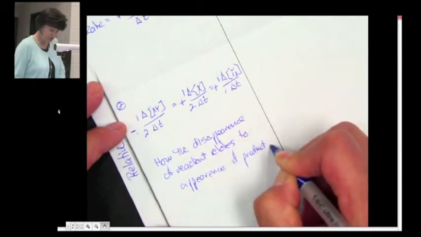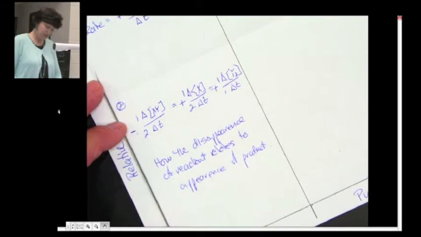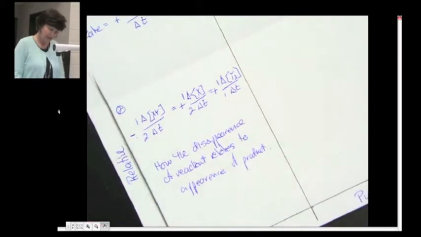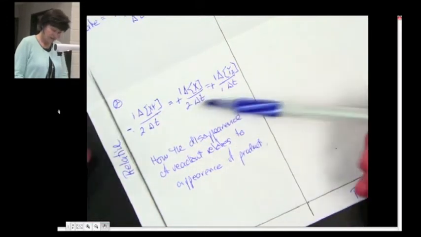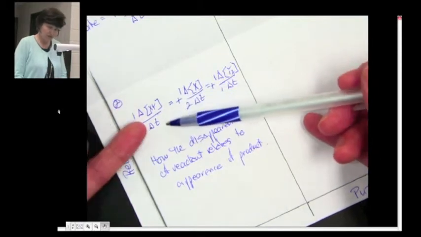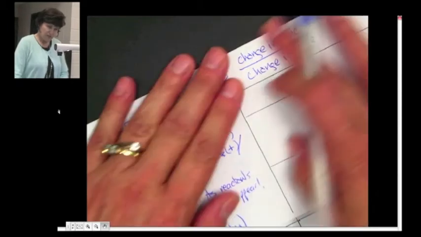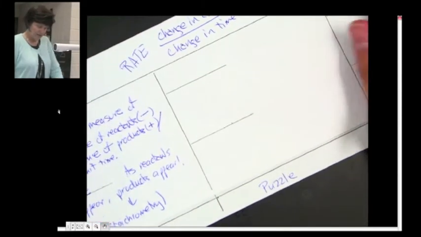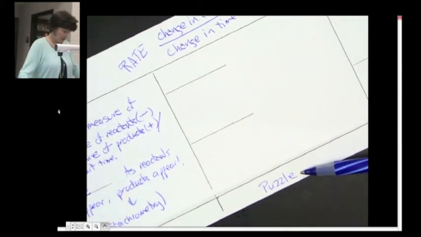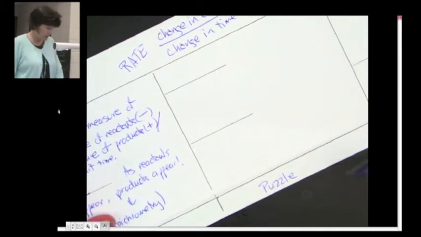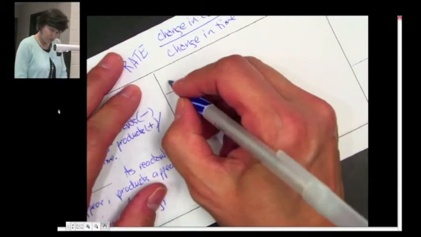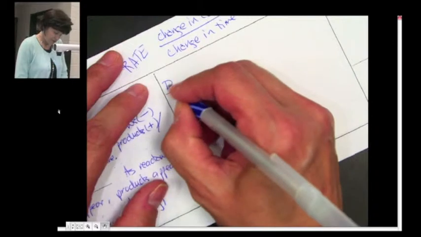It gives you a relationship if you set this up, and then you can problem solve with it if you have data that has the change in concentration and the change in time. Let's go to the second type of problem solving in kinetics, which is much like a puzzle. The first one we're going to look at is called the differential rate law.